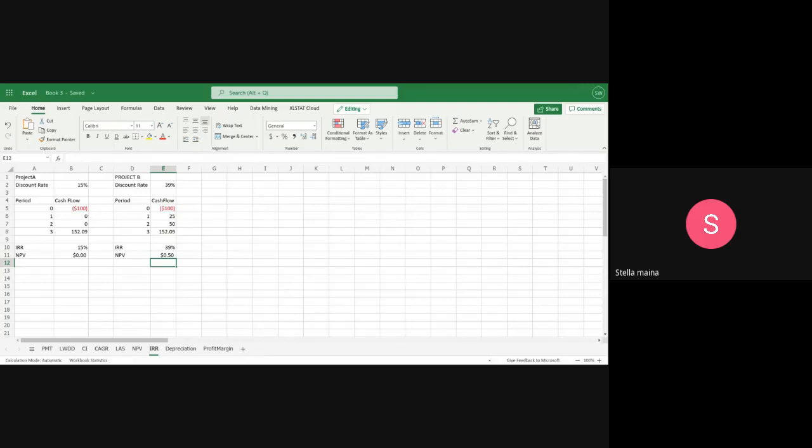So we have what we call the IRR rule, which states that if an IRR is greater than the required rate of return, you should accept the project. IRR values are frequently used to compare investments. So, for example, you can be told from the get-go that this project has a discount rate of 10%.